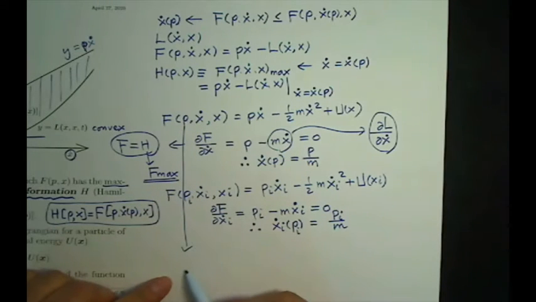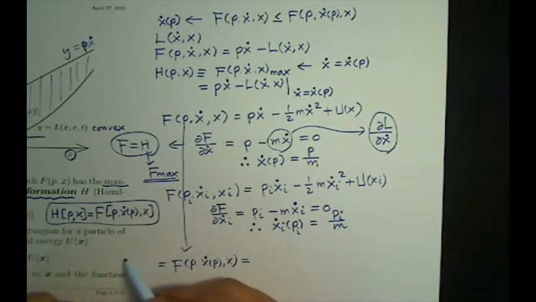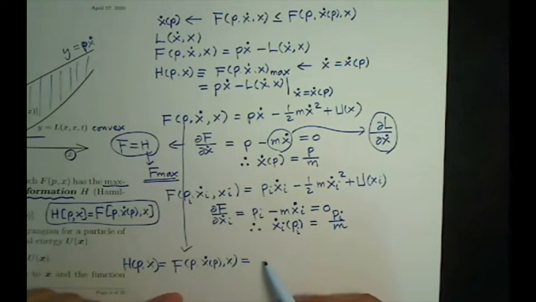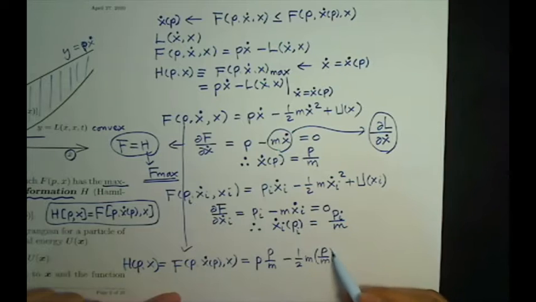in the one-dimensional case, f of p and x, that is the Hamiltonian, a function of p and x, equals p x dot, where x dot is replaced with p over m, minus 1/2 m times (p over m) squared plus potential energy.